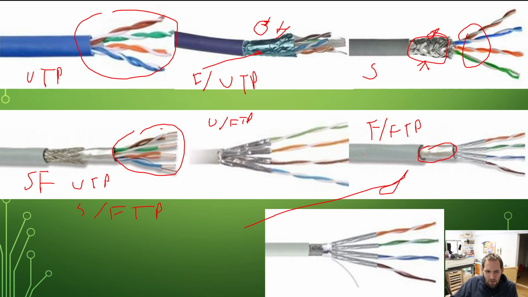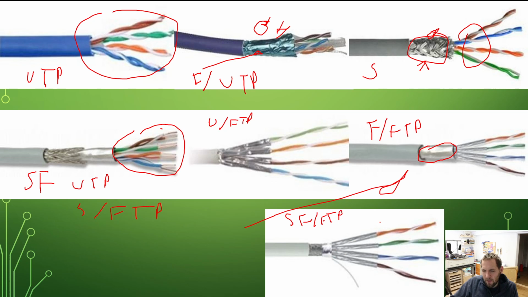So again, every time we do this, we're probably increasing our interference protection a lot. And then the mother of all cables would be, anyone guess? I'll give you a second just to mentally take a guess. Yeah, that's right. The SFTP.